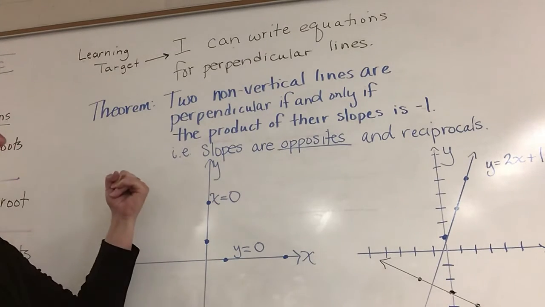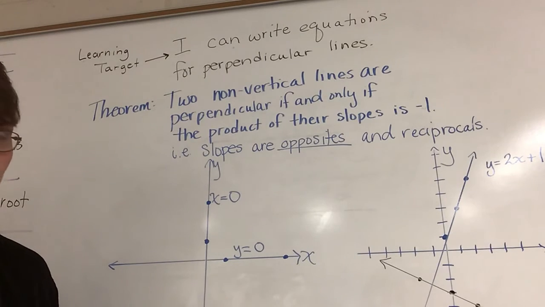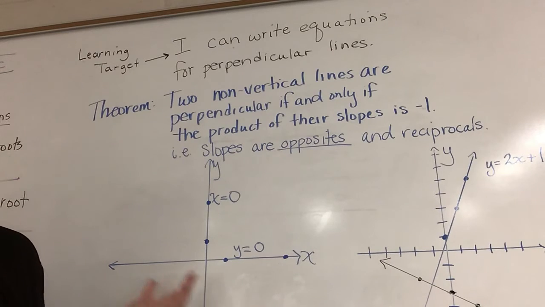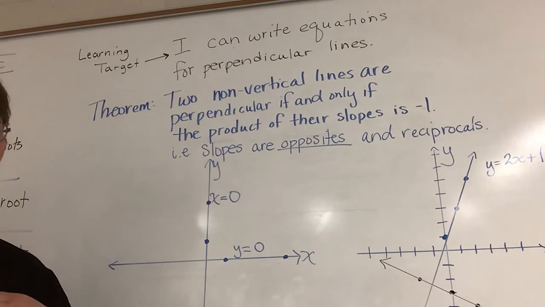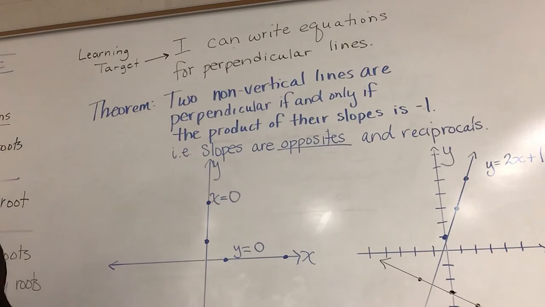I'll read through it quickly, but I want these two examples to help establish what's true and why that theorem works as best as we can. If we were in school, again, we would be doing activities and investigations that would help us discover these truths or facts. So the theorem in blue: two non-vertical lines are perpendicular if and only if the product of their slopes is -1.